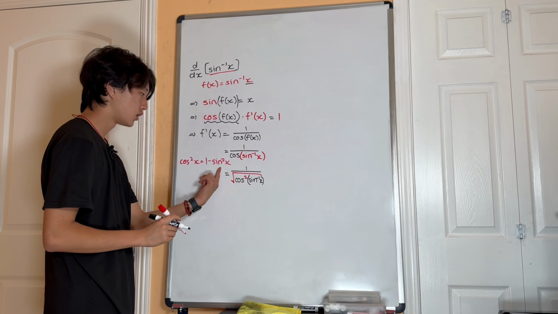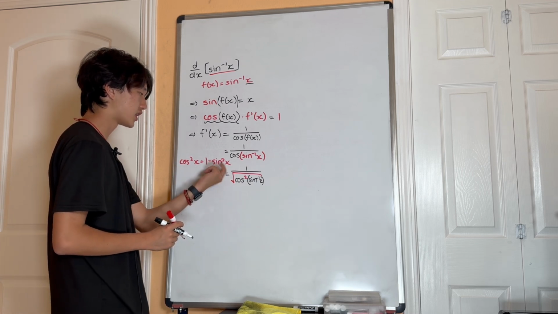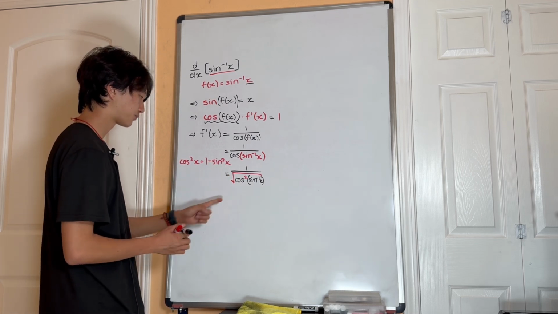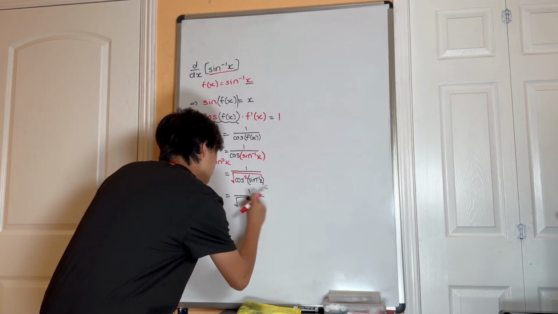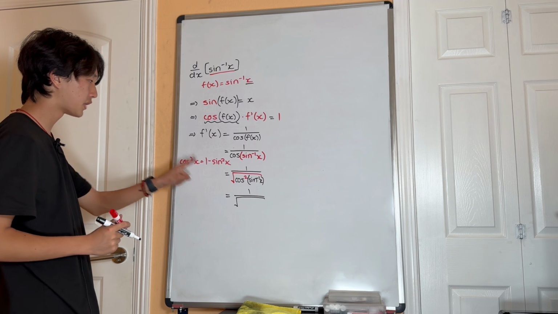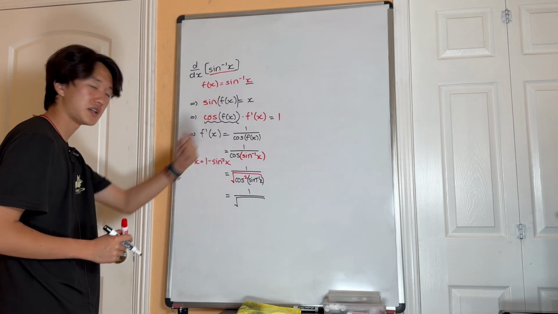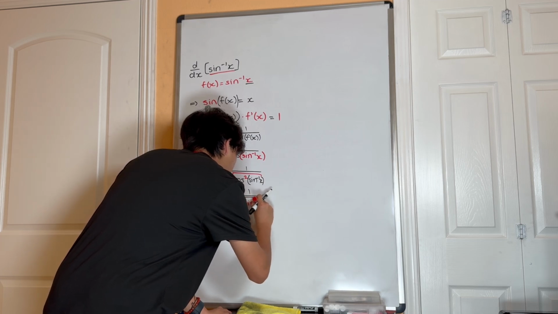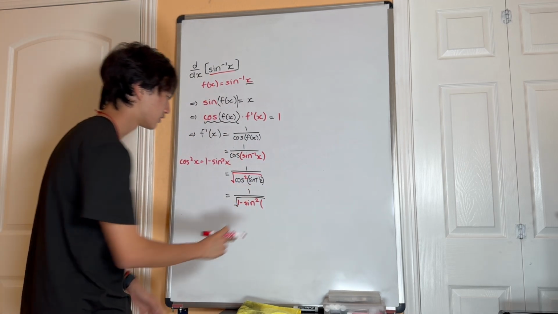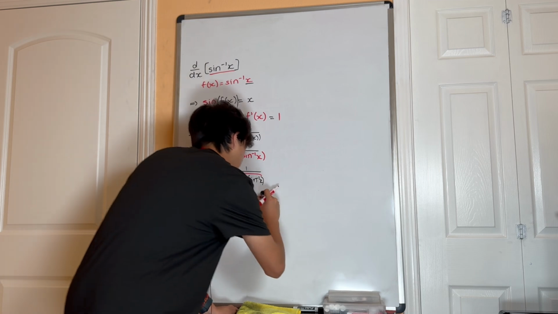So you can see where I got the sine from, right? This is where I'm trying to pull the sine out. So let's go ahead and rewrite it: 1 over the square root of 1 minus sine squared of x, except x is whatever's in here, meaning x is inverse sine of x.